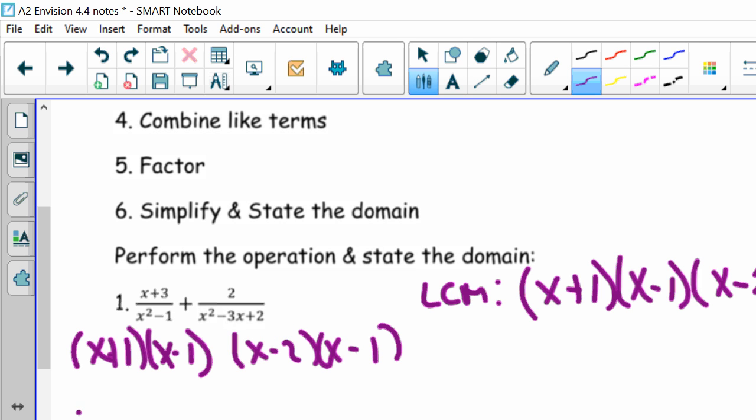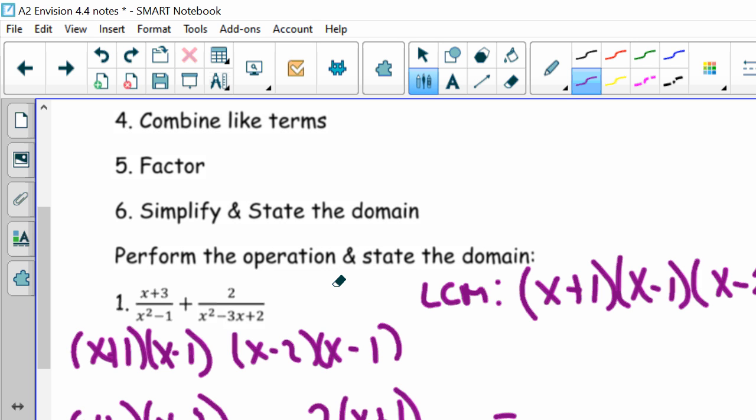So this first one already had an x plus 3 on top. Look at the denominator. What was the original denominator missing out of my new common denominator? The x minus 2. So that's what I multiplied the top by. The second one already had a 2 on top. I had an x minus 2 and an x minus 1. It was missing the x plus 1.